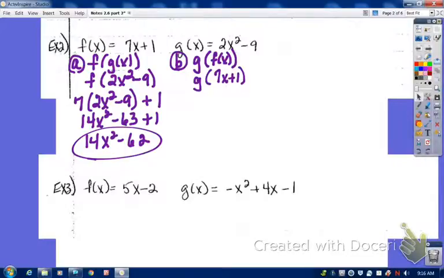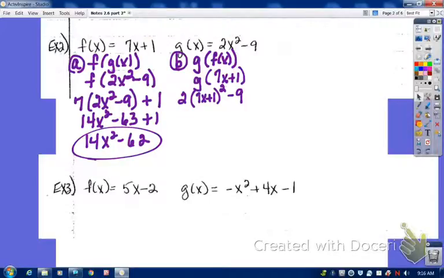So now this problem is asking me to take the 7x plus 1, my f of x, and put it into my g of x. So this is going to take a little bit more algebra because you've got to do 2 parentheses 7x plus 1 squared minus 9.